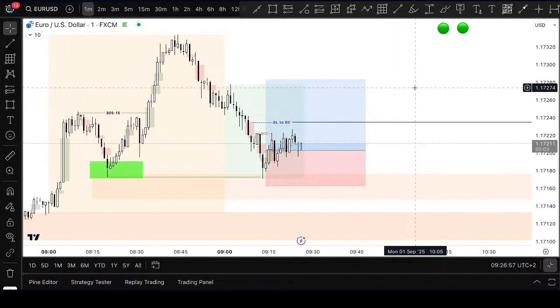I'm just checking always whether I made a mistake or not. I always do that, whether I have followed my process to the T or not. If it has not, I will exit the trade right now. But it seems that I did follow the rules and it's a very good place. So let's see.